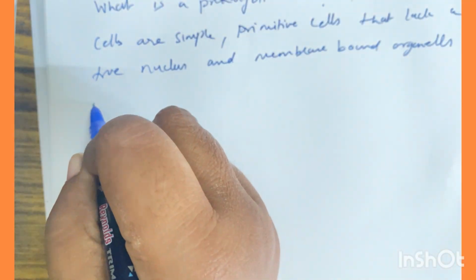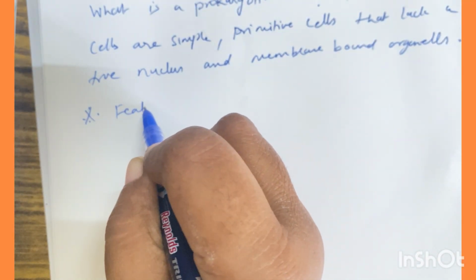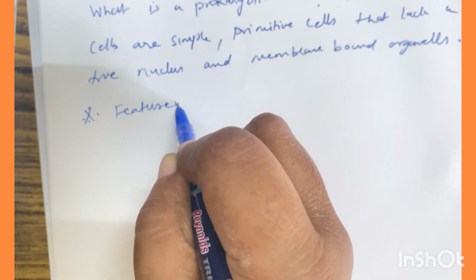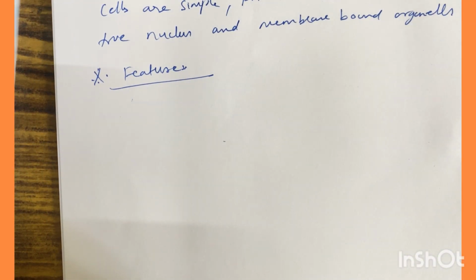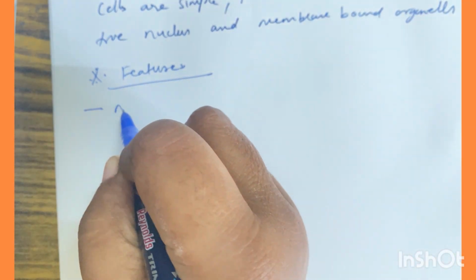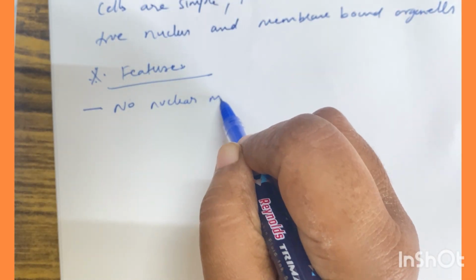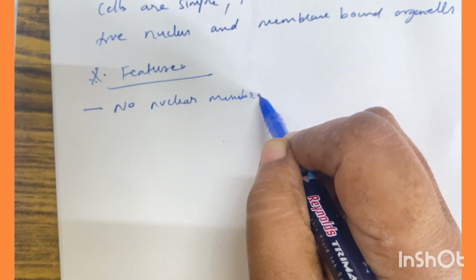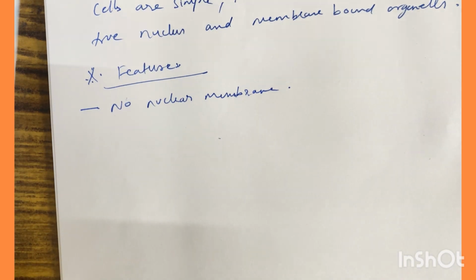Now let us see what are the important features of prokaryotic cells. Okay, very important features of prokaryotic cells. First important feature is that they have no nuclear membrane surrounding the genetic material.